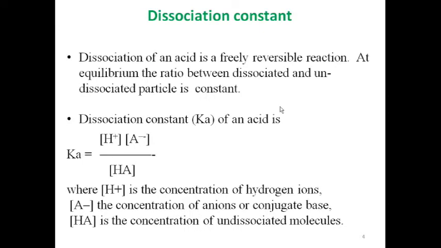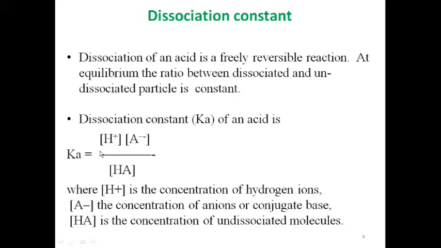What is the dissociation constant? It is defined as the ratio between dissociated and undissociated particles. Dissociation of an acid is a freely reversible reaction, but at equilibrium the ratio between dissociated and undissociated particles is constant.